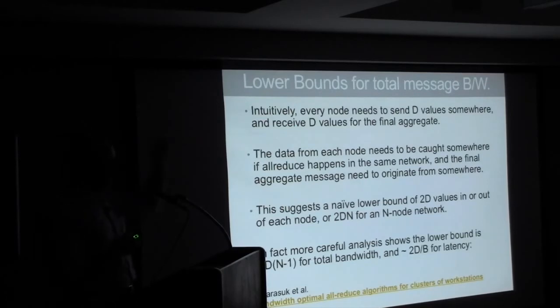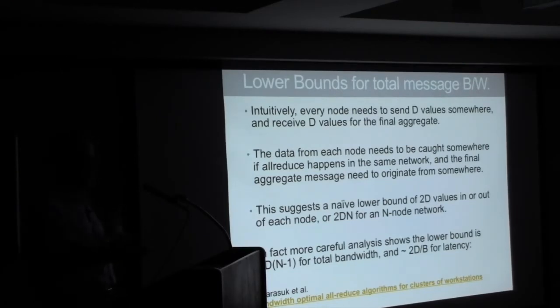So we're trying to do a rooflined approach, which means we want to make this primitive go as fast as it can. That means we have to identify the fundamental limits for bandwidth. How fast can you do an Allreduce? There's a pretty obvious lower bound, which is every node needs to send all of its data out and get the model back. When it sends the data out, the data's got to be caught somewhere by a different node.